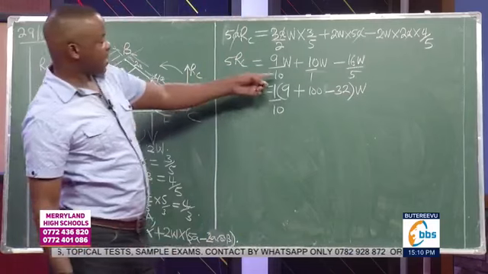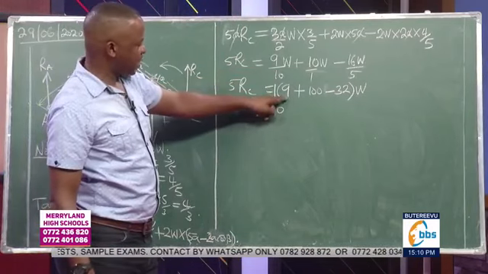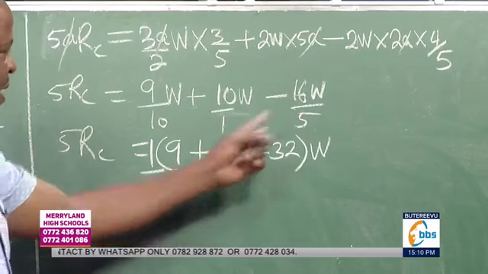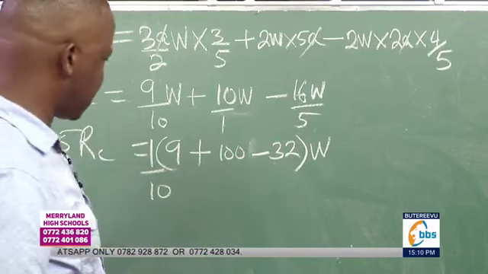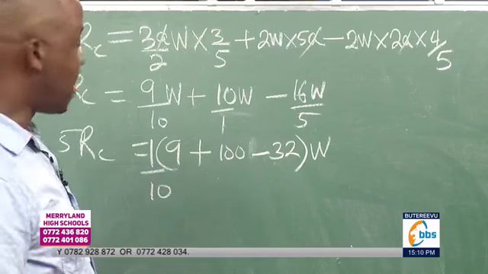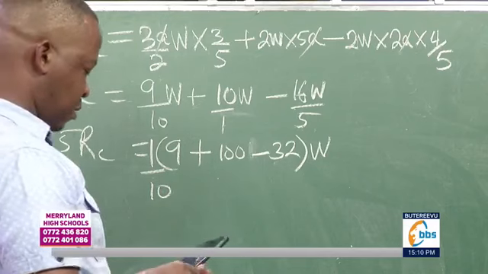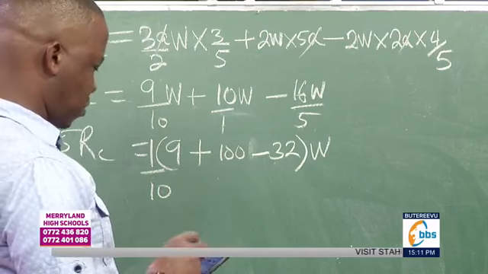I have taken 10 as the LCM, so it goes here once. That's why we have 9. It goes here 10 times. That's why we get 100. And it goes here 2 times. That's why we get 32. So when we subtract from 109, we take away 32. I expect the candidates to be trying to do that subtraction.